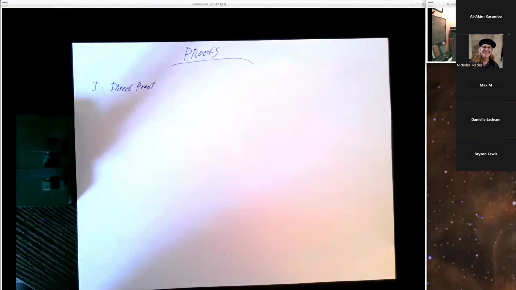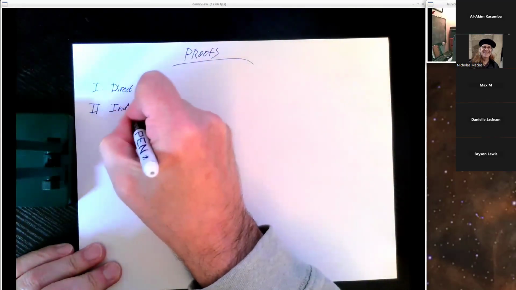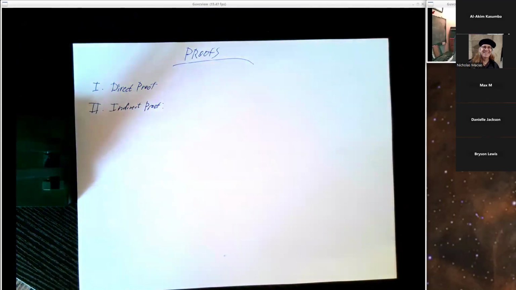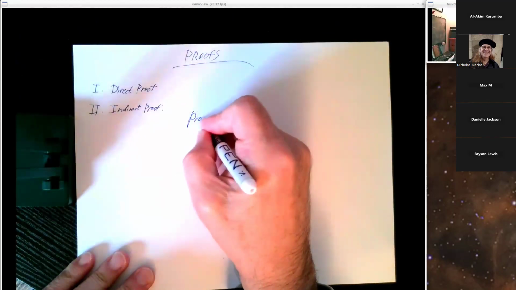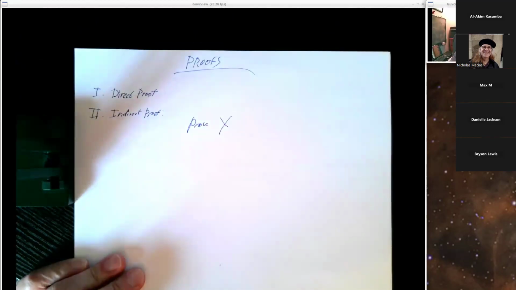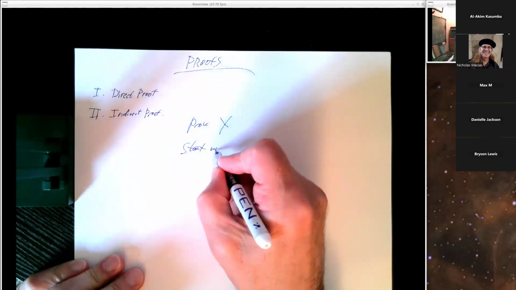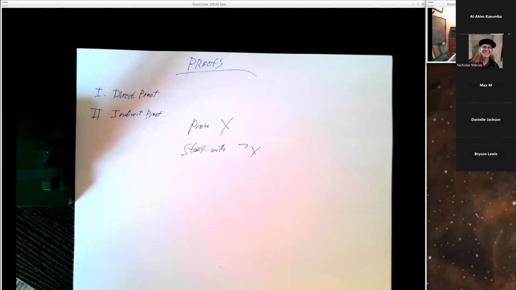But there's a second approach we can take, which is called an indirect proof. And this is going to turn out just to be another contrapositive application. But with an indirect proof, let's say we're trying to prove X. So we start with not X. We take that as a hypothesis.